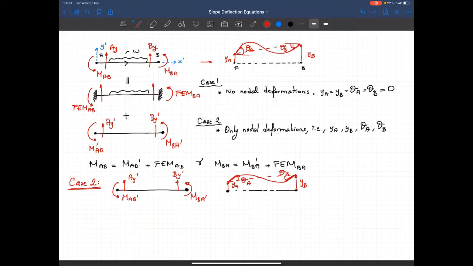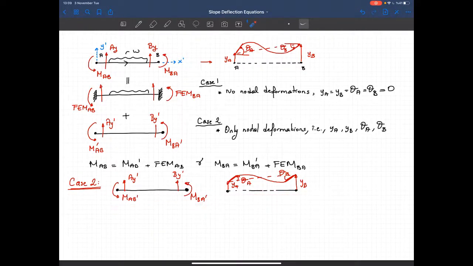So my aim here is to relate these end moments with these end deformations, and the problem is simpler than this one because right now I don't have any loading. Actually, if you think about it, this part will be the same for every member.